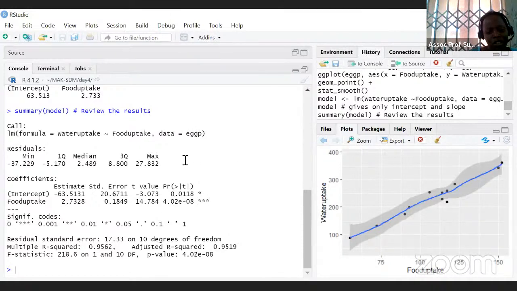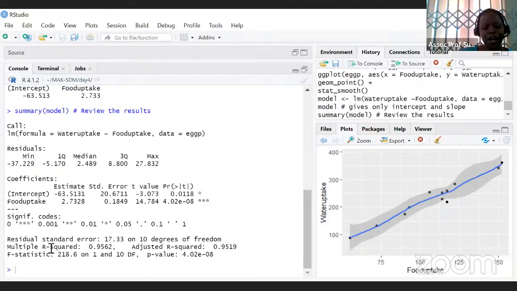So it shows that there is significant evidence to reject the null and conclude that there is a significant linear relationship between food uptake and water uptake. Then after that, we look at the coefficient of determination, which is R squared.